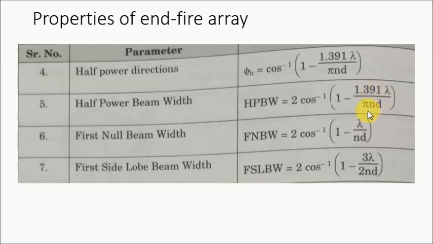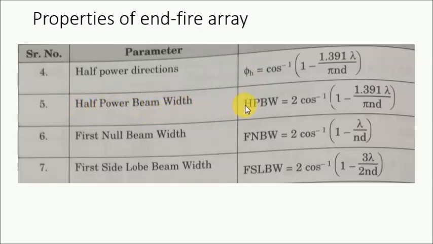You remember that phi in this case is 0, and what we have here is only this part, that is phi h. So 0 minus phi h, and if you take the absolute value and multiply with 2, so 2 into the absolute value of 0 minus phi h, which is nothing but the half power beam width in the case of an end fire array.